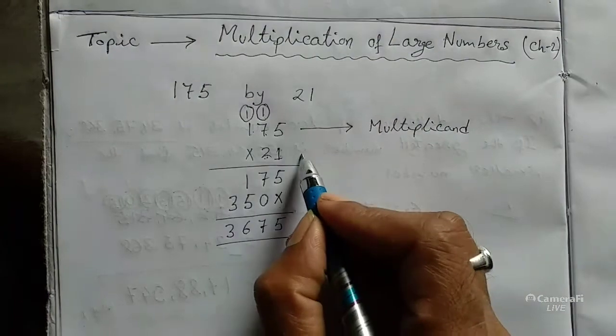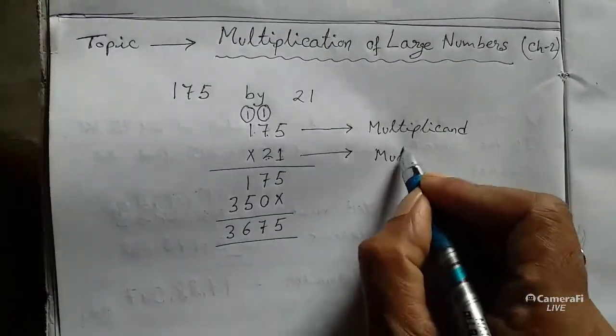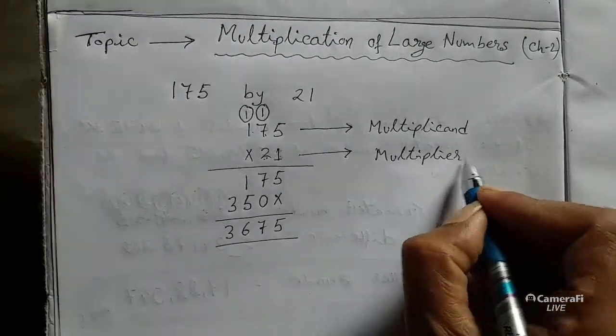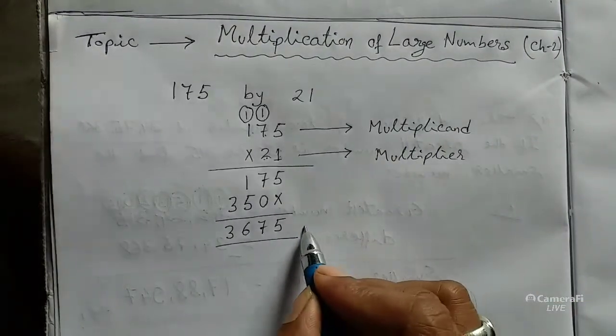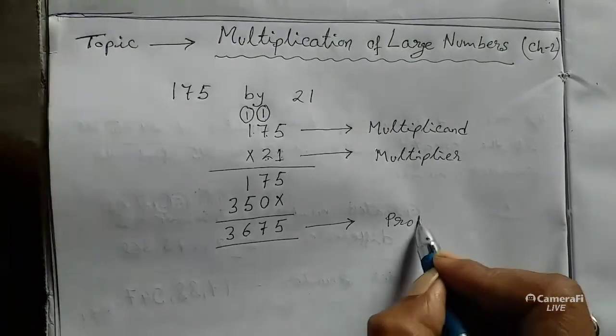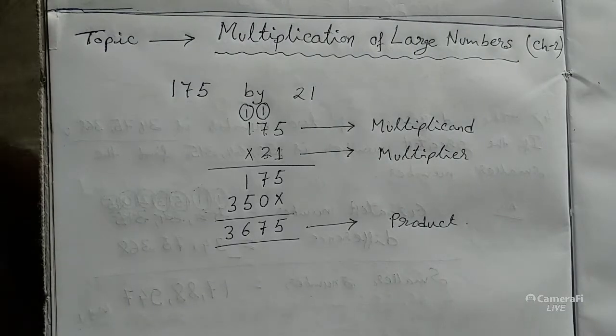And the number by which we are multiplying is called the multiplier. And the result that we get is called the product. So these 3 terms are always related in a particular multiplication.